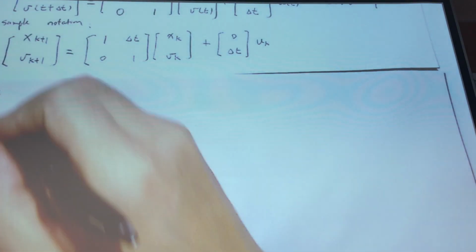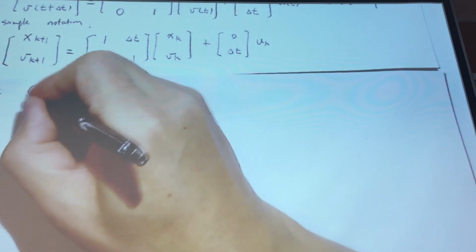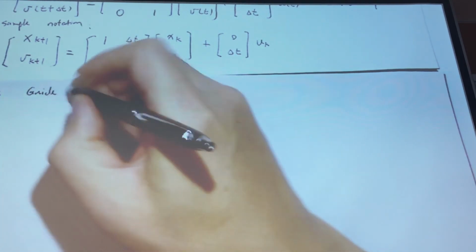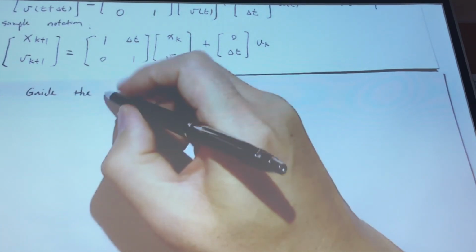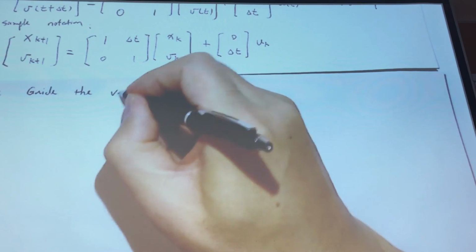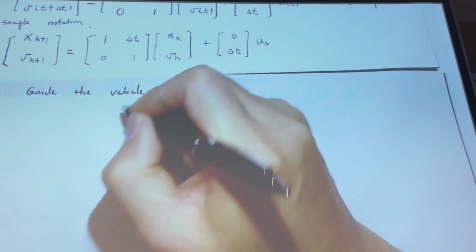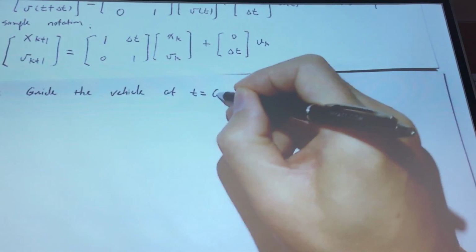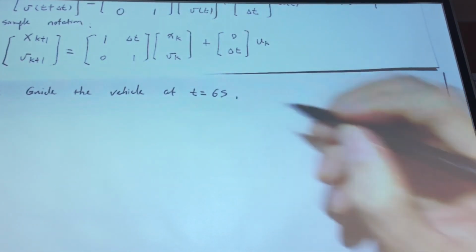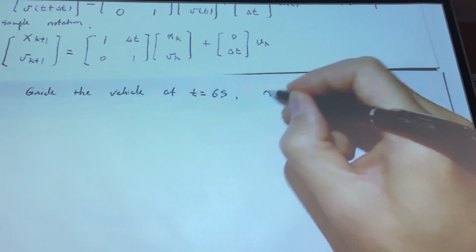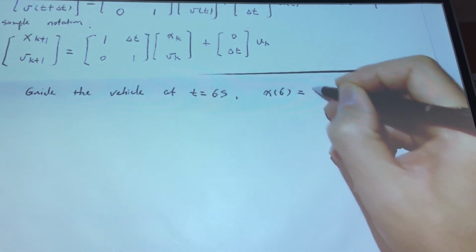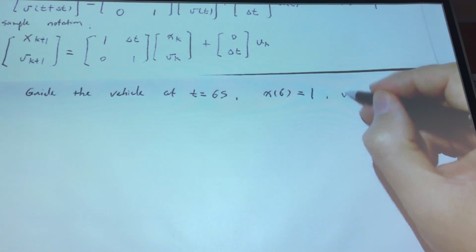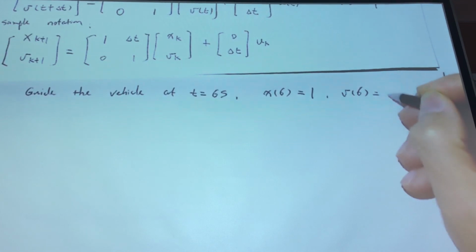Assume our objective is to get the vehicle at t equal to 6 seconds at the location 1 and the velocity 0.